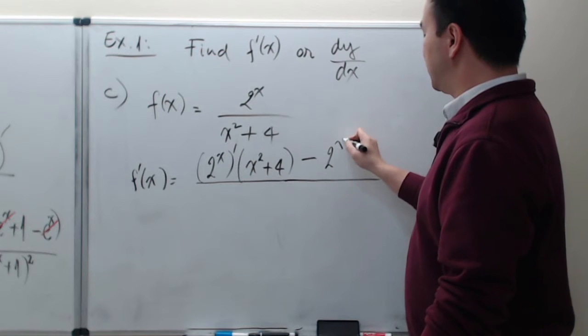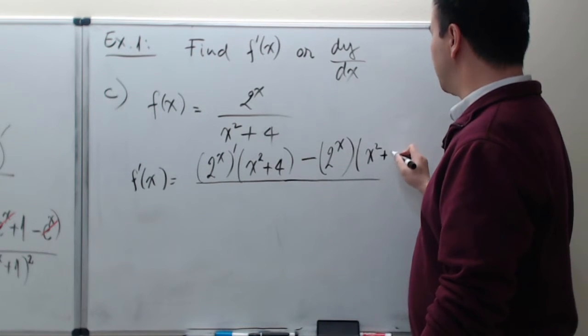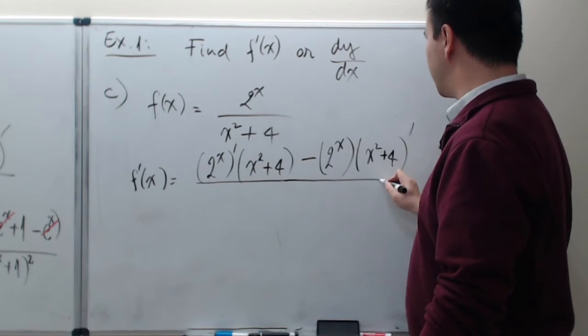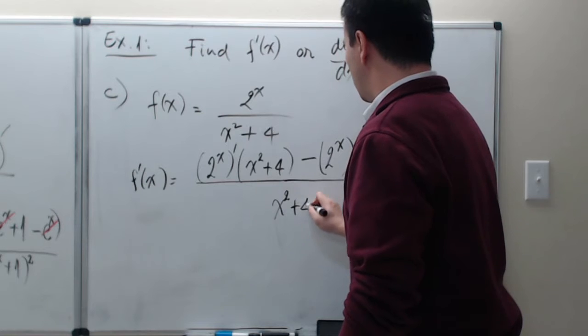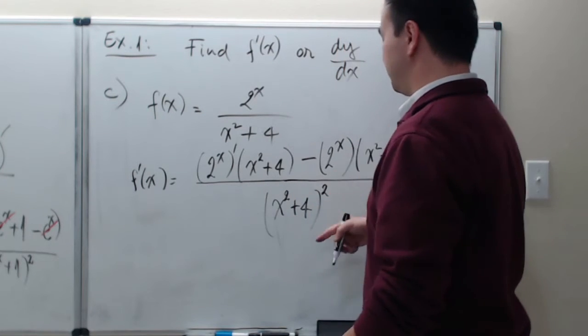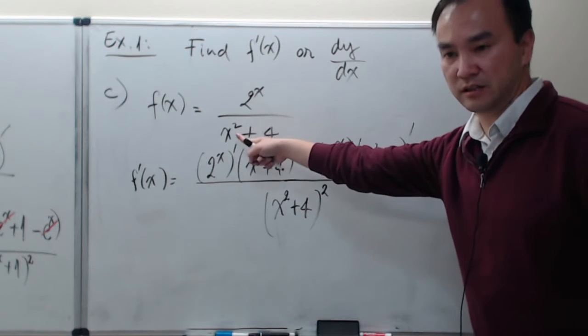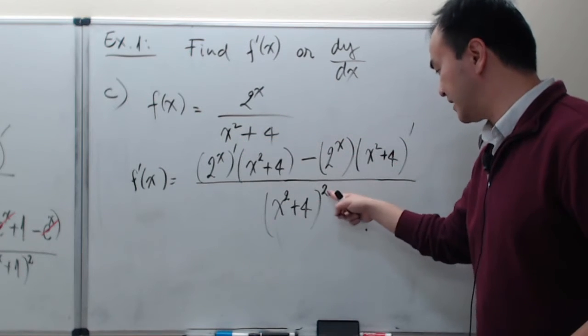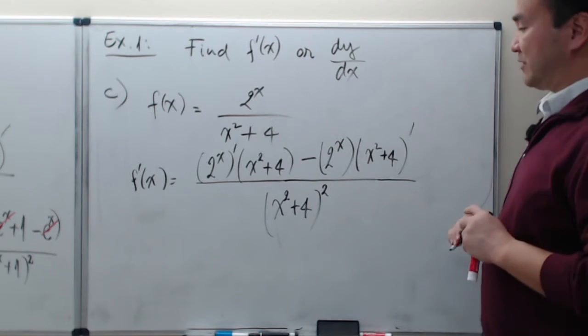Now I'm going to keep the numerator the same and find the derivative of x squared plus 4 from the denominator. And I'm going to divide by the square of our denominator. So x squared plus 4 came out from our original denominator, so now we're going to put that as a square in our denominator of the derivative.